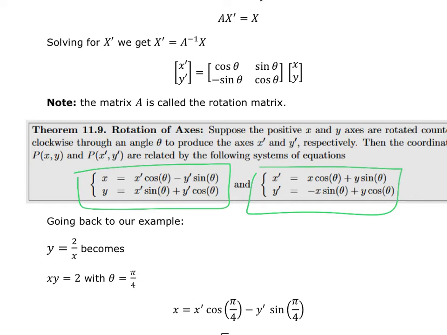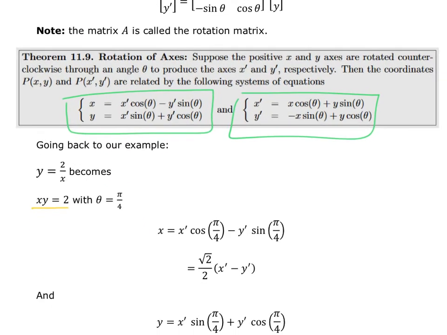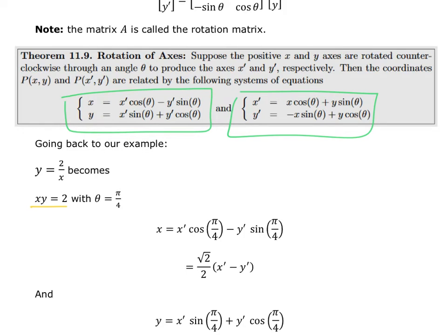If we go back to our example where y is equal to 2 over x, and I multiply both sides by x, I end up with this equation right here. And for right now, I'm telling you what the angle is. So just accept that that's what the angle is. In a moment, we're actually going to find the angle, but for right now, just accept that's my angle. Then I replace x here with x prime cosine pi over 4 minus y prime sine of pi over 4.